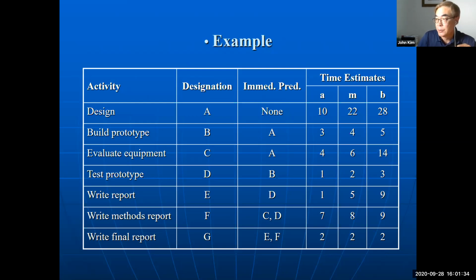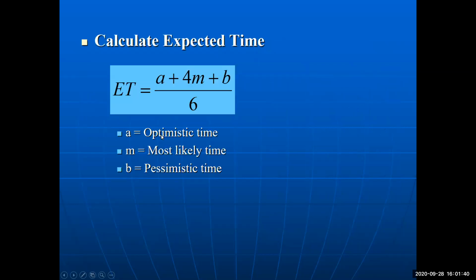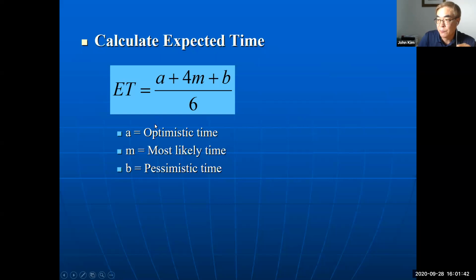Example, there are three activity times. A is optimistic time, kind of finish early, M is most likely time, on time, and then pessimistic time, B. Using this formula, expected time equals A plus 4M plus B divided by 6.